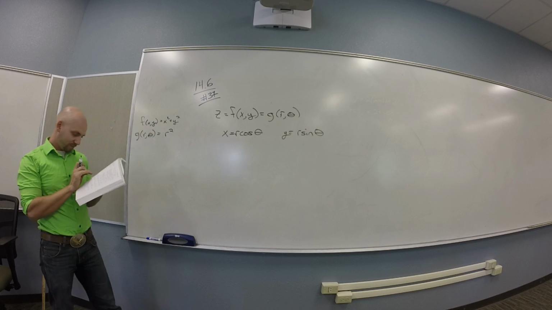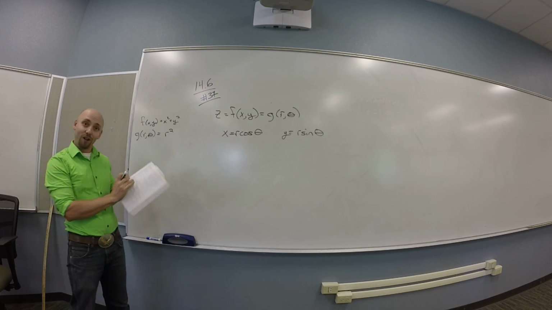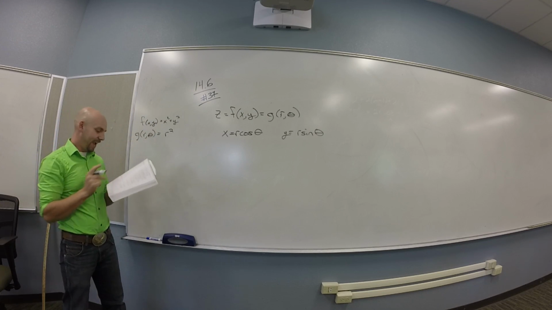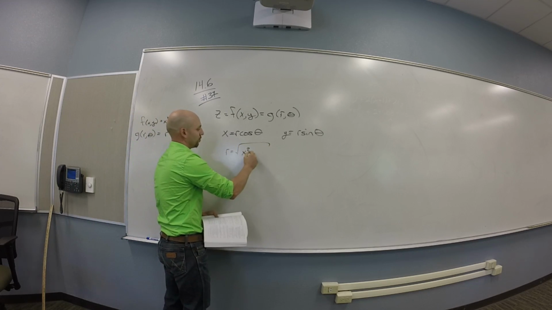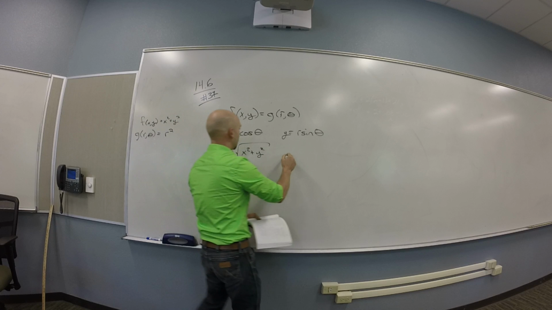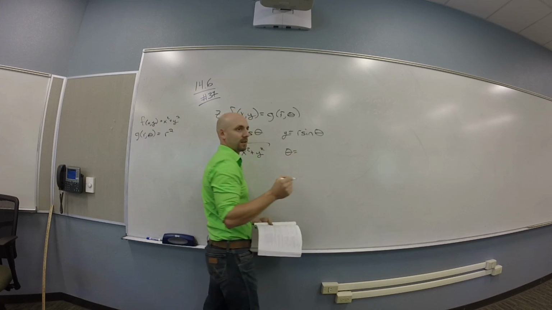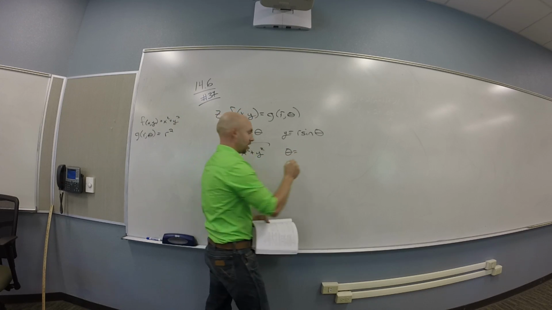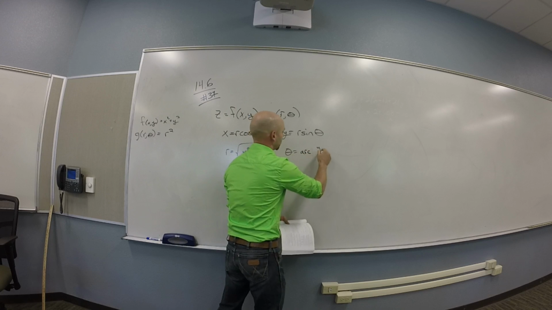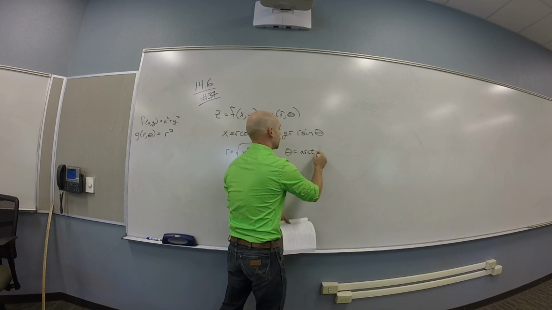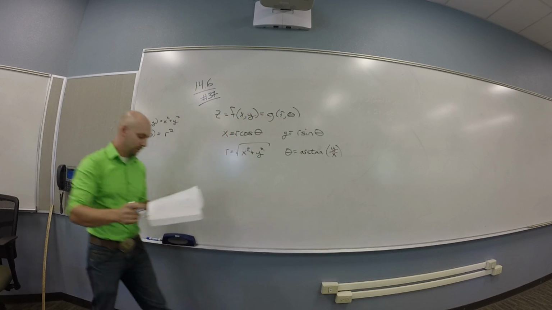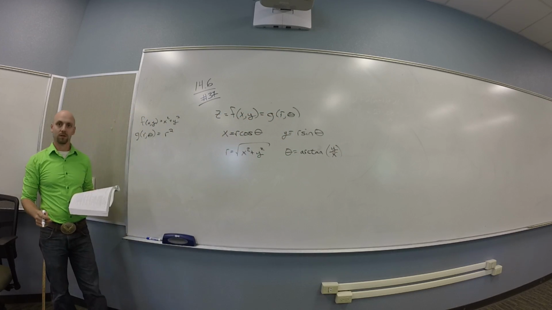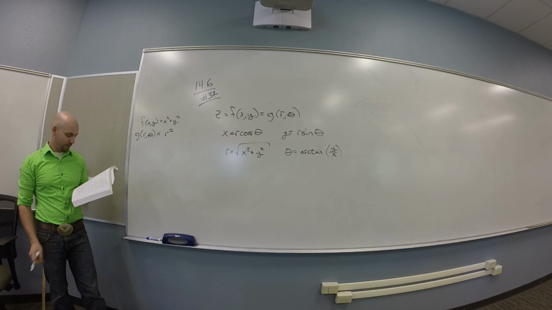Okay, so they tell me, recall that r is the square root of x squared plus y squared, and theta is arctangent of y over x. What is just arc y over x? Nothing. That's why I need the tangent part.